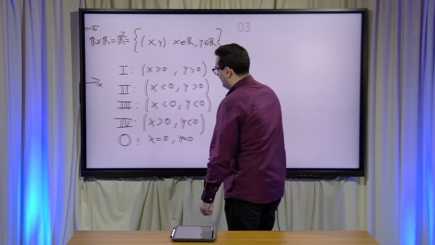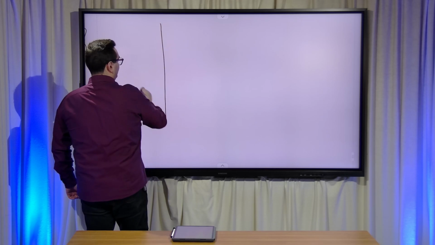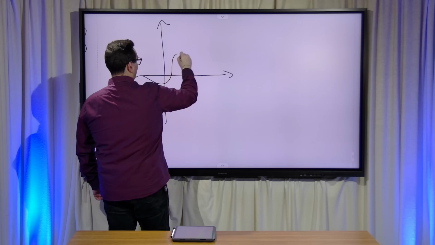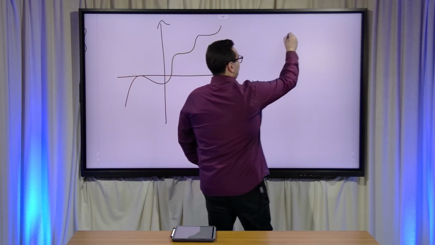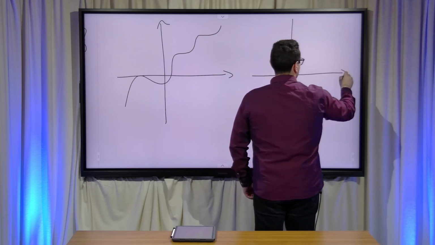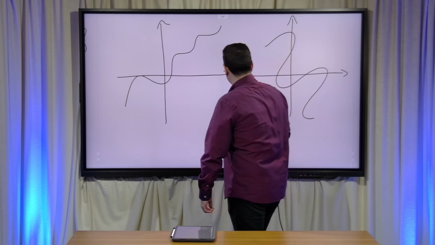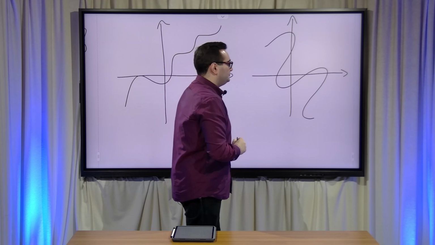Okay, so let's draw a function in the Cartesian plane. If I draw the Cartesian plane here, I can draw a generic function like this one. If I draw this thing, well, this is not a function anymore, because let's recall the definition of a function.